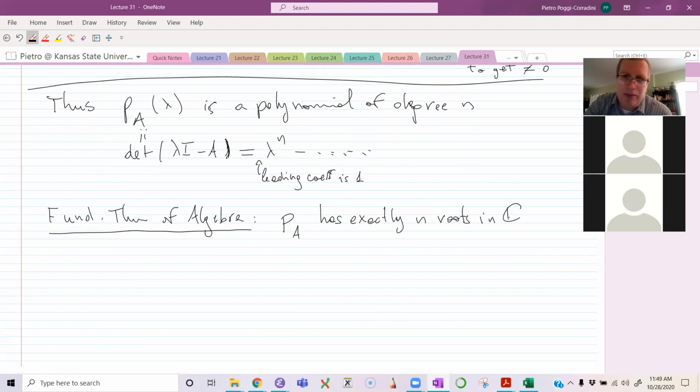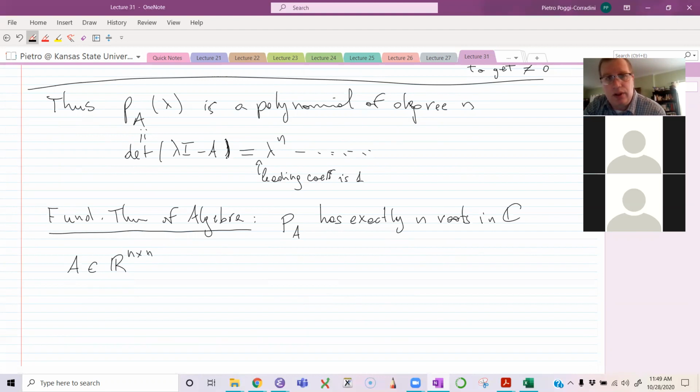But this creates a little bit of a problem for us because A for us is always going to be real. Of course, we could assume A to have complex entries, and we get the same polynomial of degree n, but we want to start with a real matrix.